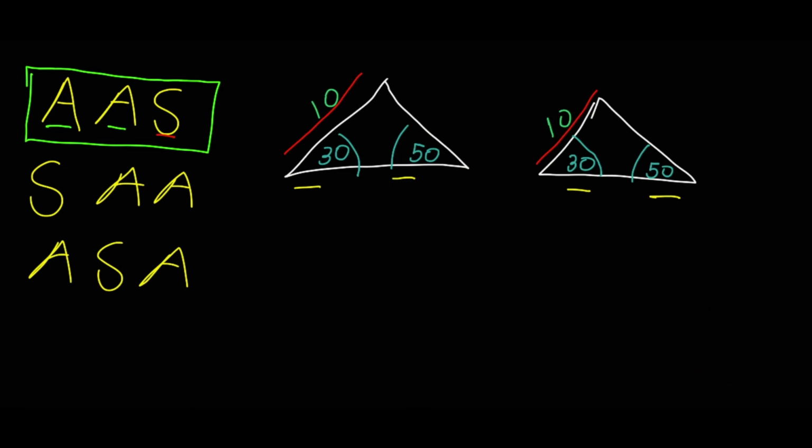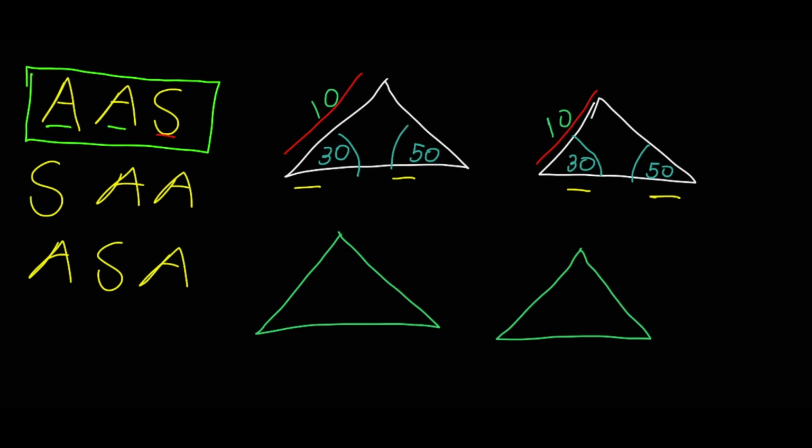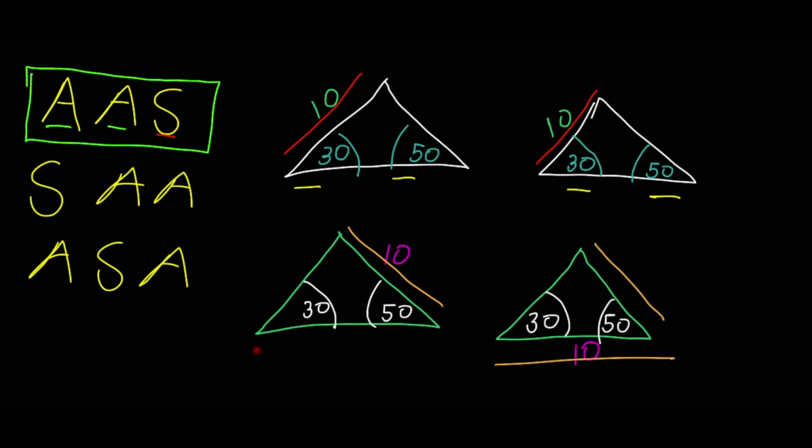But let's say if only these triangles, let's say this is 30 and this is 50, and this one is 30 and this one is 50. Now if this side is 10 and this side is 10, these triangles are congruent because this side corresponds to this side, and this side corresponds to this side.